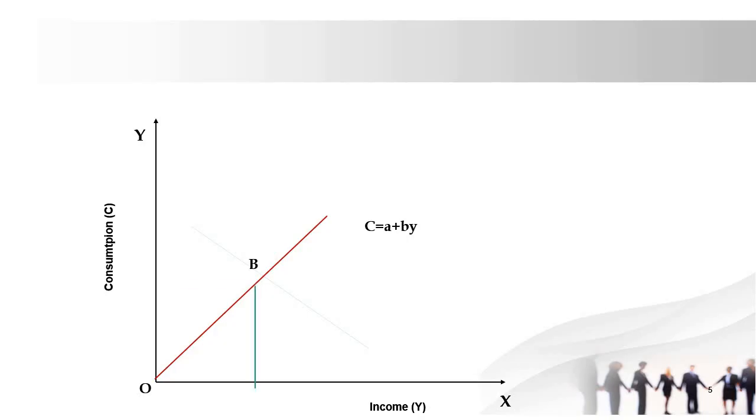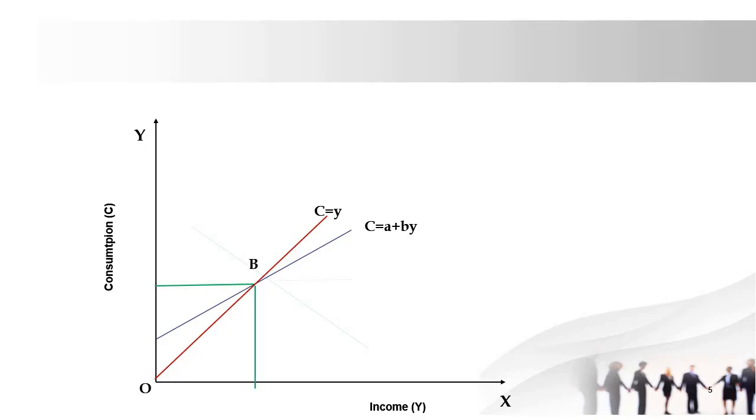We can explain with the help of the diagram. We take the income on the x-axis and consumption on the y-axis. C is equal to income, that is consumption is equal to income, is a 45-degree line.